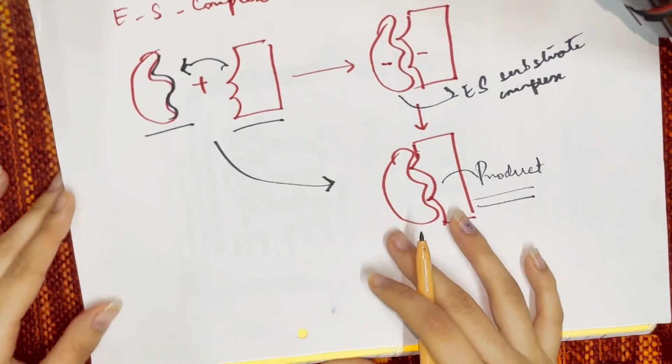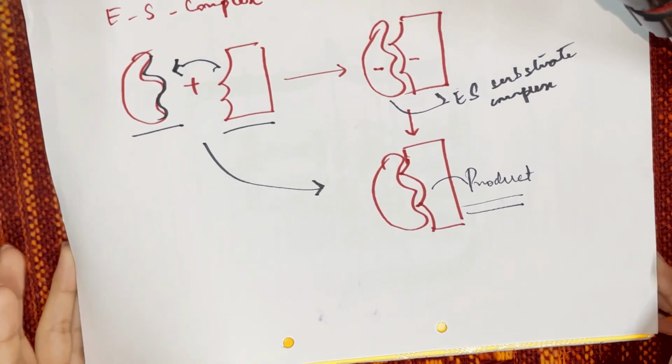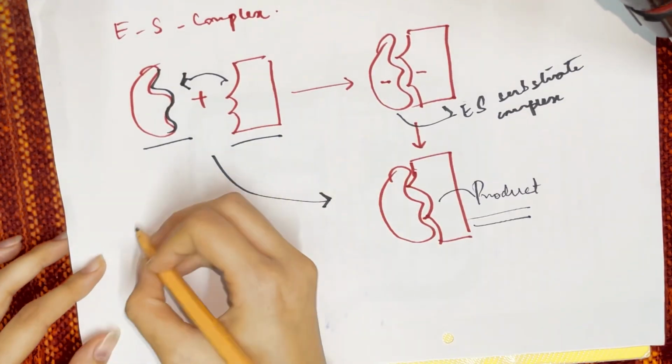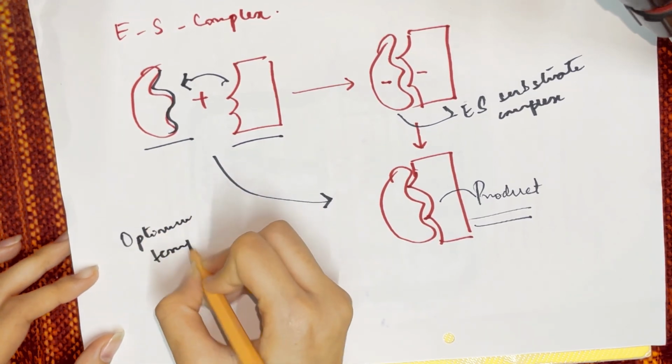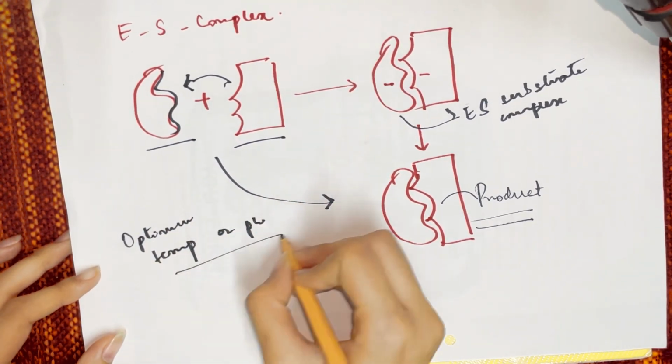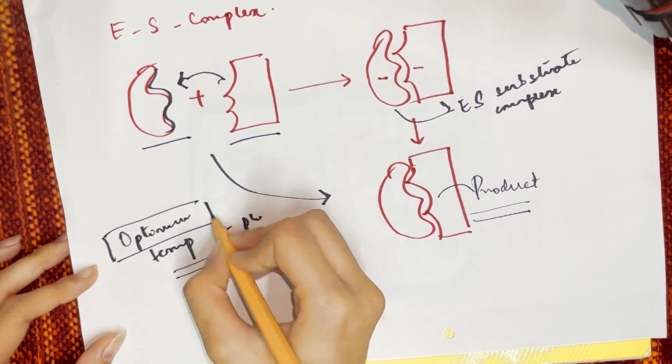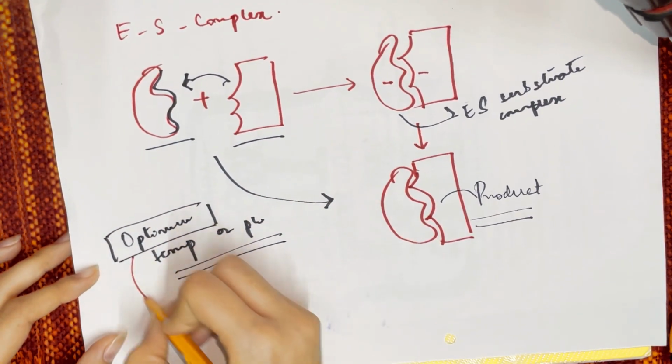Another point about enzymes that is very often asked in the paper is what is meant by the optimum temperature or pH. Let's discuss the term optimum.